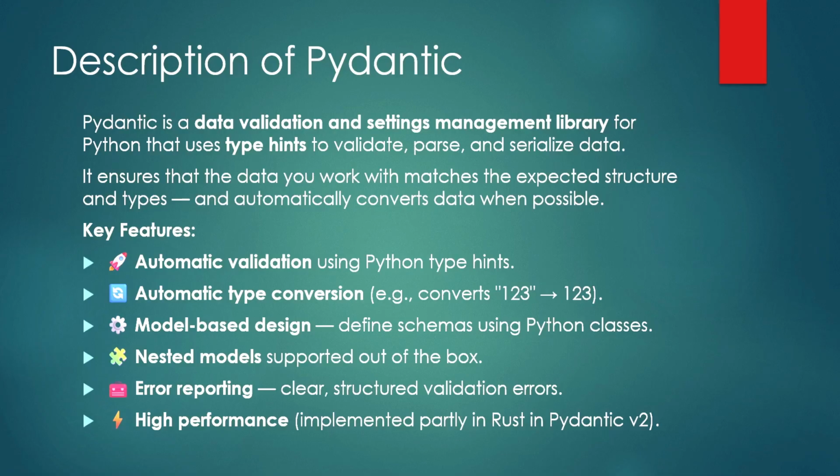Whenever possible, it converts our data. This is called data coercion. Model-based design: define schema using Python classes. Nested models supported out of the box, error reporting, clean structured validation errors, and high performance, implemented partially in Rust in Pydantic version 2. So basically, Pydantic version 2 is written in the Rust language. That is why it is very fast.